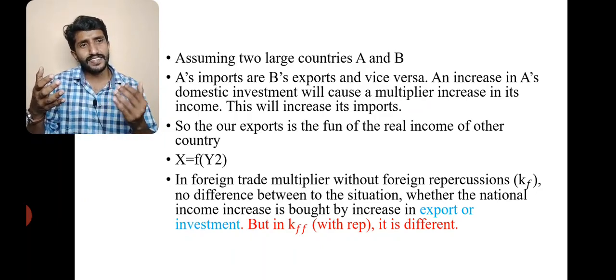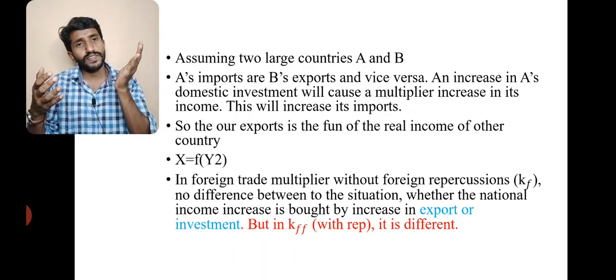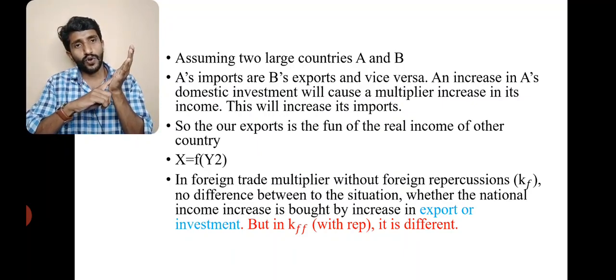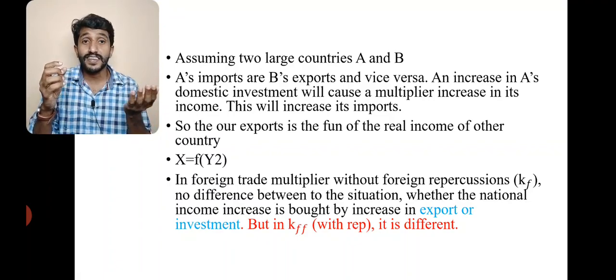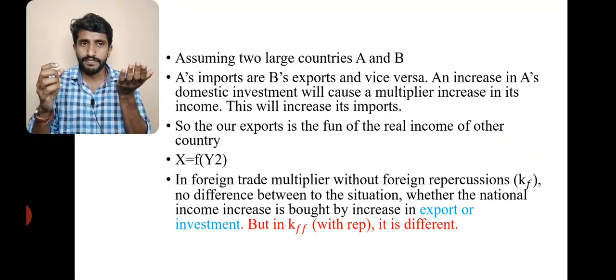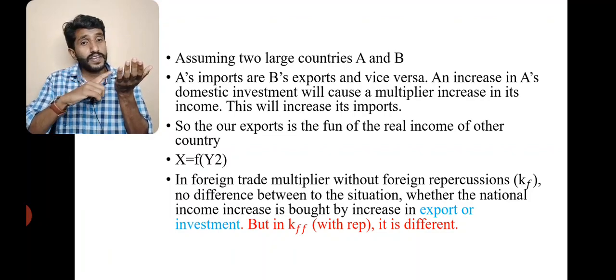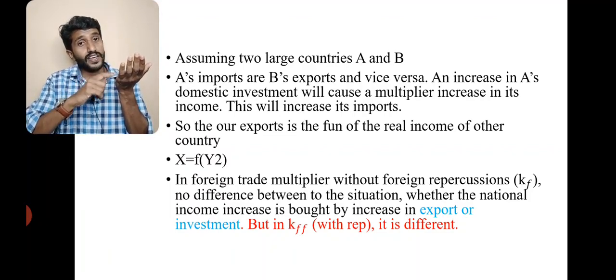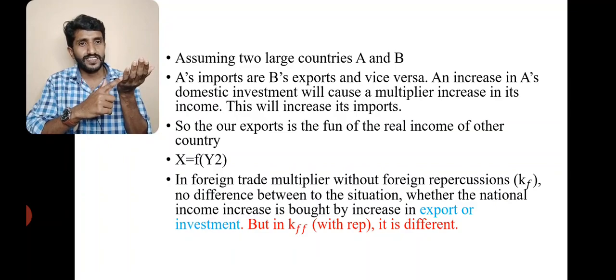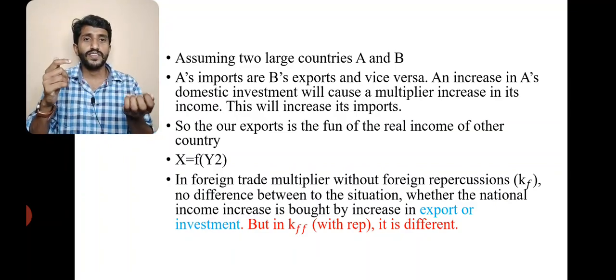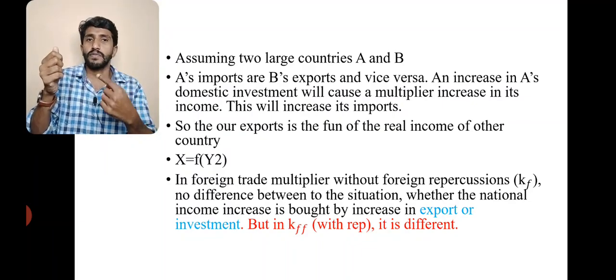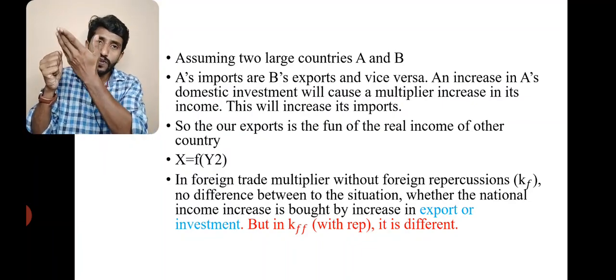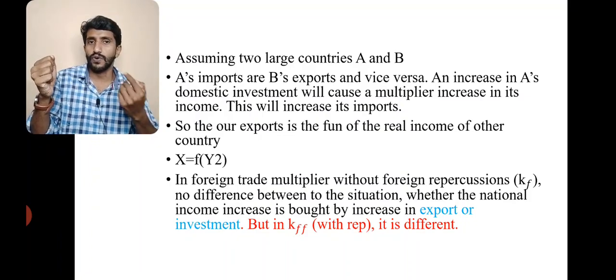An increase in A's domestic investment, A country increasing their own domestic investment, will cause a multiplier increase in their own income. If their income increases, their import also will be increased. So ultimately the other country's export will go up because this country is importing from the other country.